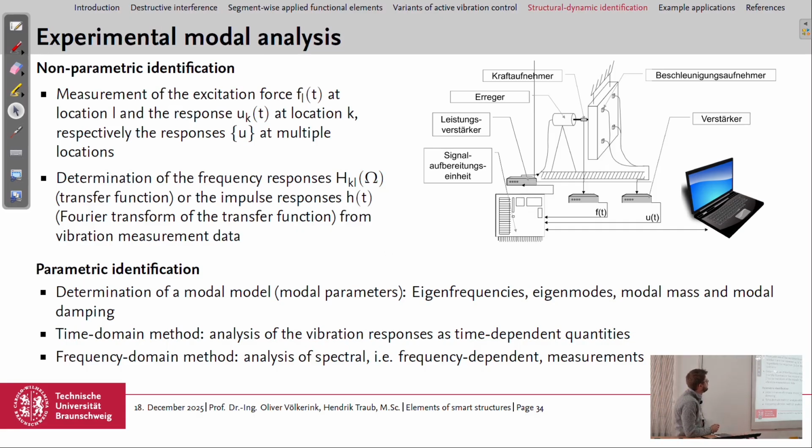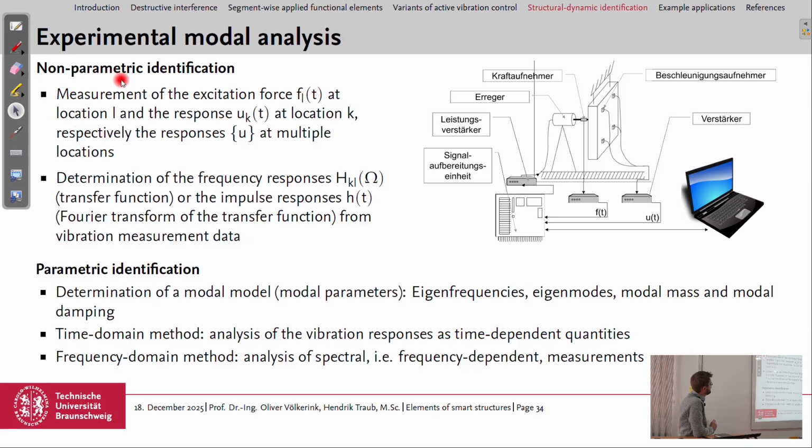For this, we have two options. Oh, so here is the setup. Maybe all of you are familiar with. We have the structure here with some acceleration sensors and excite the structure here, and then measure forces as well as accelerations, and use this measured data for a non-parametric or parametric identification.